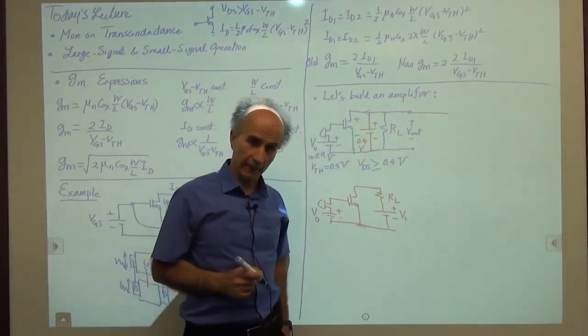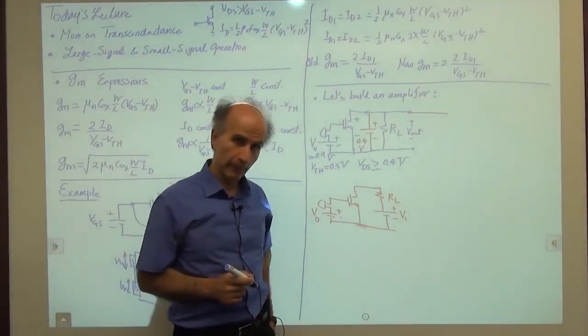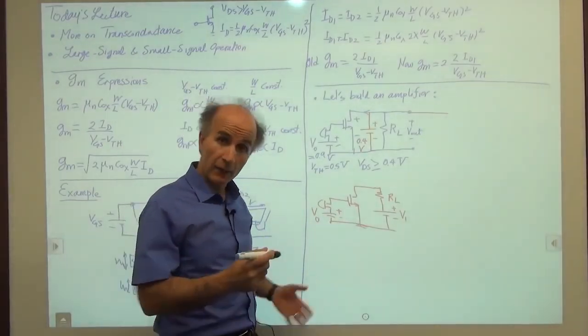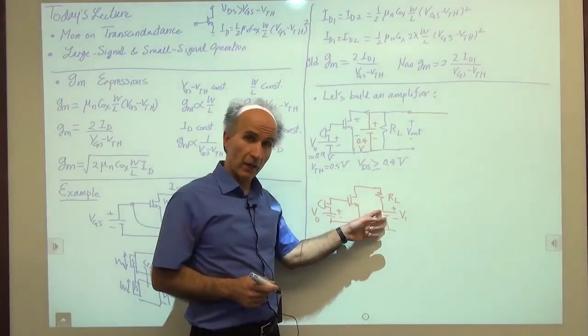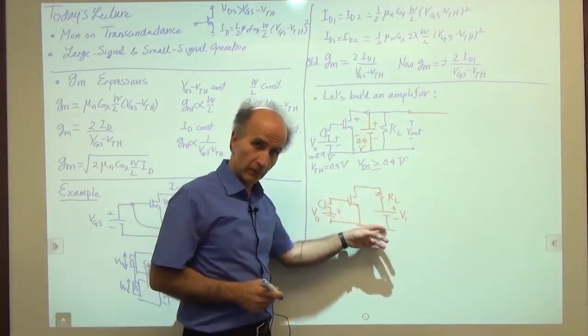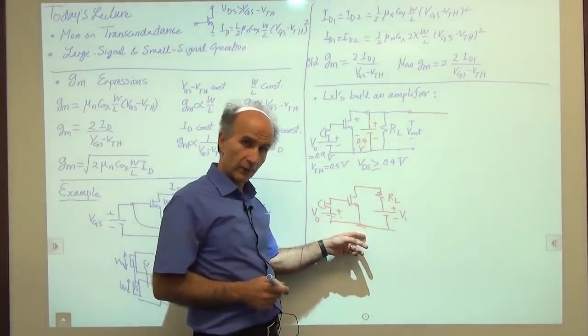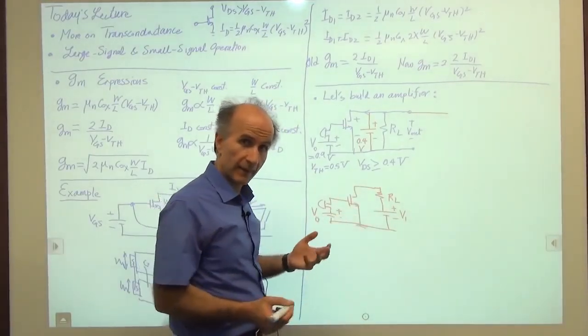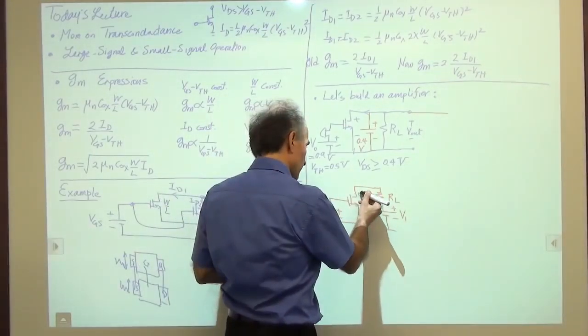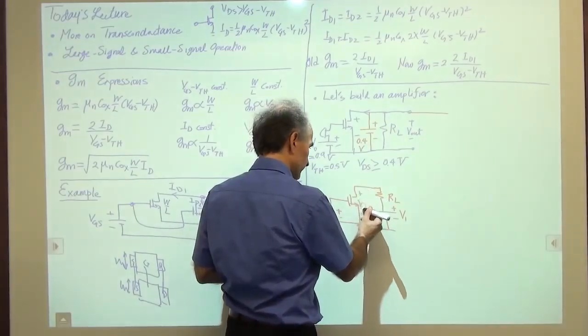So now something interesting happens. All right, so let's hope that with the addition of this battery, now we have a current flowing through the device, the transistor, and we have a reasonable VDS, right? Let's hope something like this is happening. Okay, so VDS is from here to here.